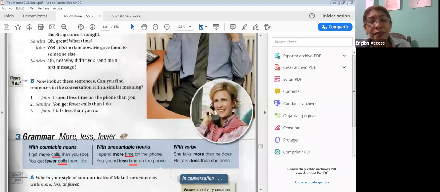Then on column number 3, we have verbs. She talks more, he talks less. The verb is talk. He talks more than she does, or the opposite, he talks less than she does.